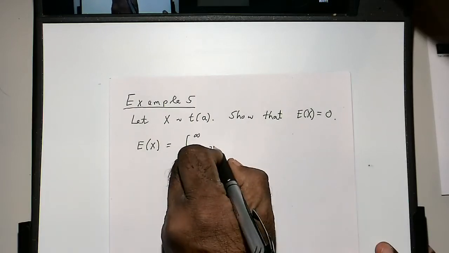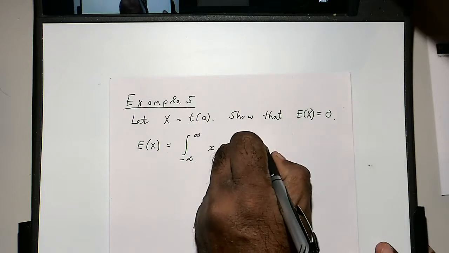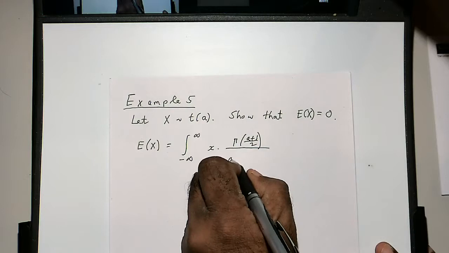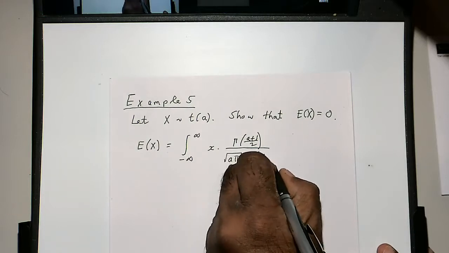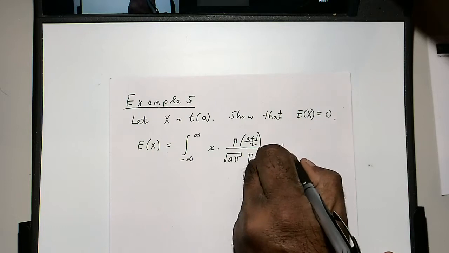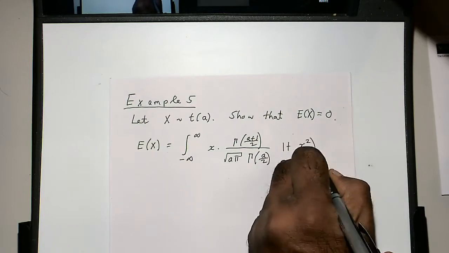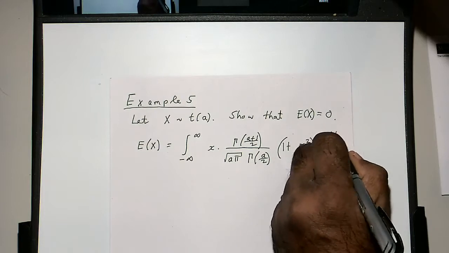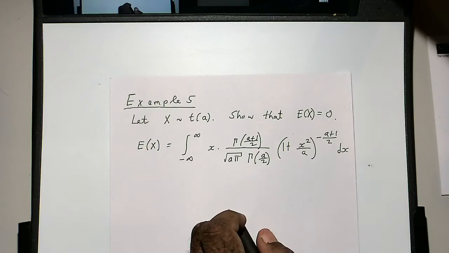The expectation is the integral of x times the density, so you need to show that this integral here is equal to 0.